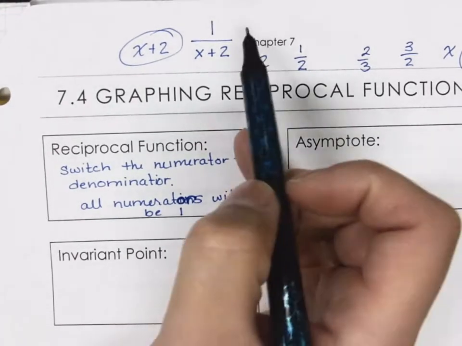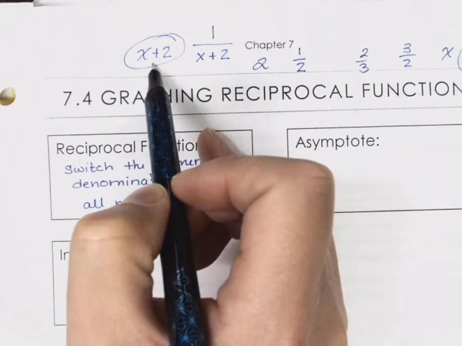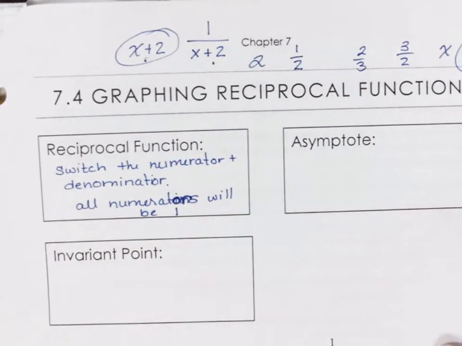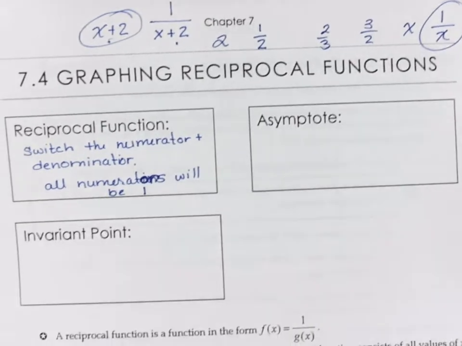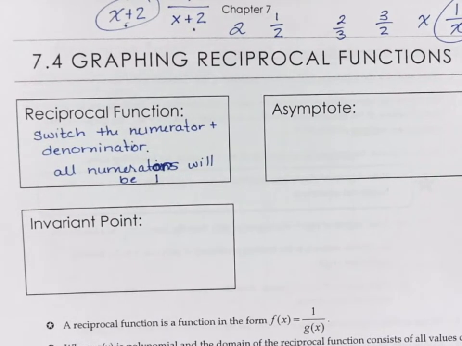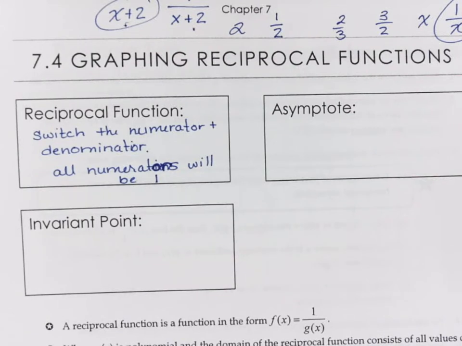So what we're going to graph is things like this and like this. We're going to graph the original function and its reciprocal. So if we're looking at a reciprocal function, its numerator should be 1. When we get to grade 12, we're going to put x's on both the top and the bottom. But in grade 11, we're just going to put x's on the bottom. Okay? We'll start small.